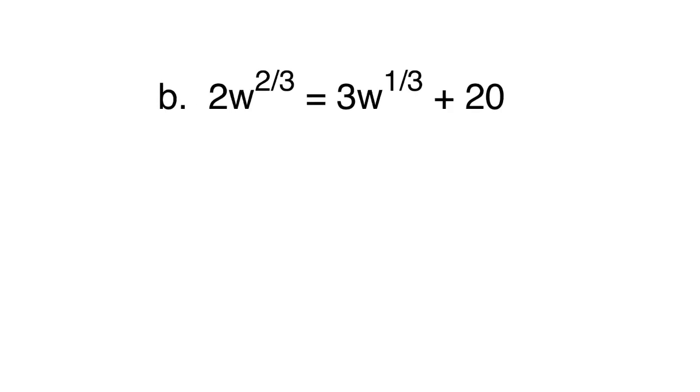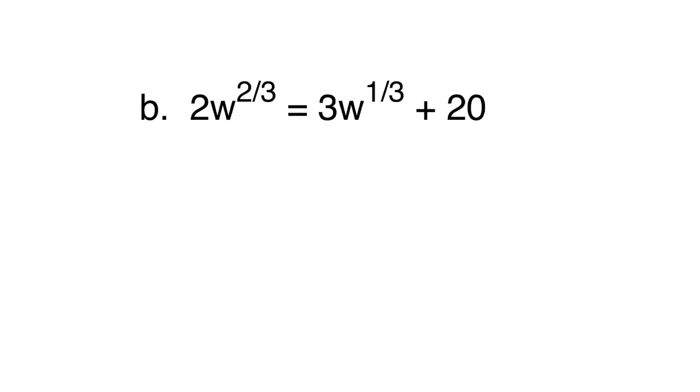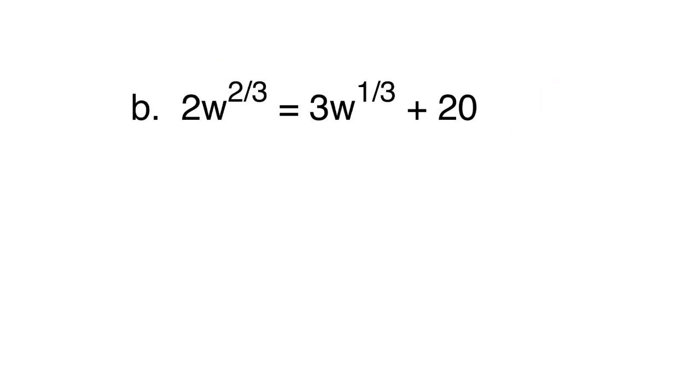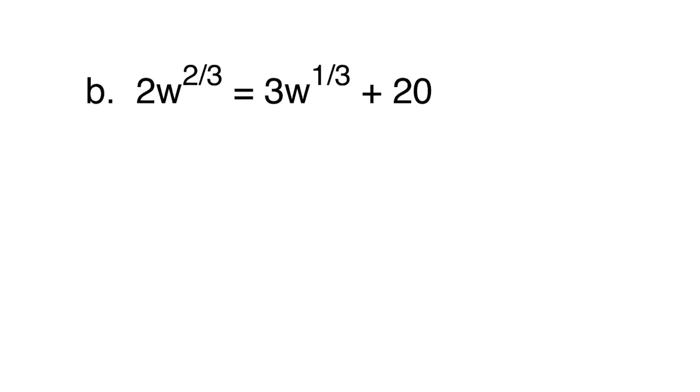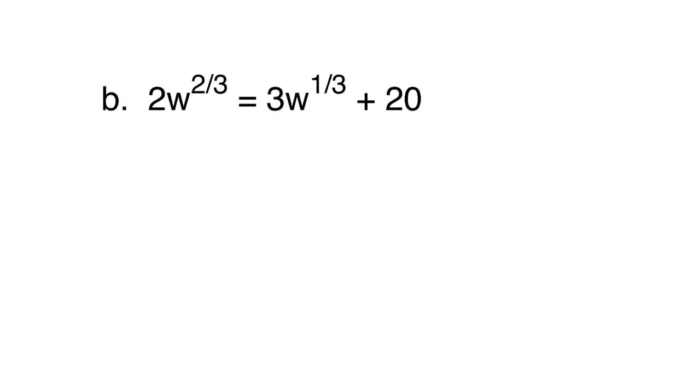When we have rational exponents, the easiest way to do this is to try to eliminate what our rational exponents are. In this case, if I go ahead and I multiply everything, no, actually looking at this again, this one's going to be another u-substitution problem. Okay, so if we go ahead and we let u equal w to the 1/3, let's see how that's going to change our problem.